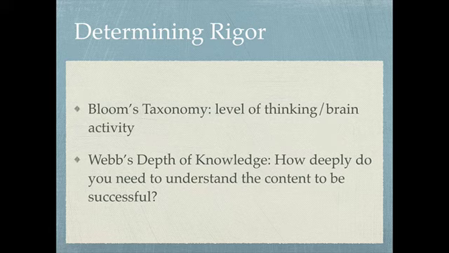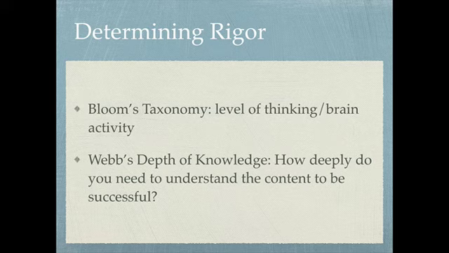These two tools we are going to be applying to the questions on the PARCC assessment, to help open up and show you what exactly makes these questions rigorous, in terms of the level of thinking that the brain is going to need to do, as well as the deep understanding of the content that the student will need to be successful.